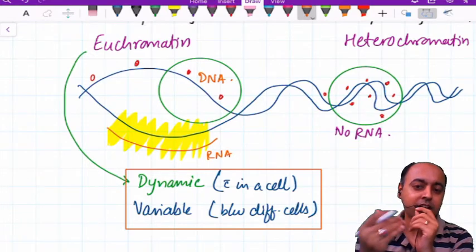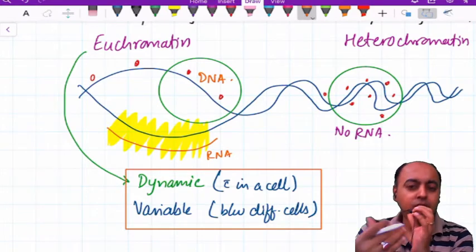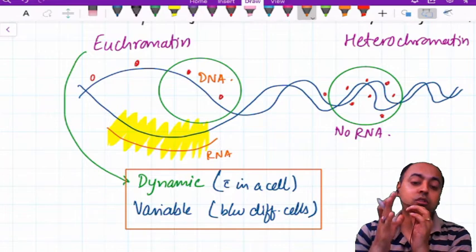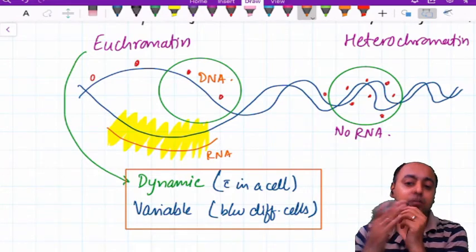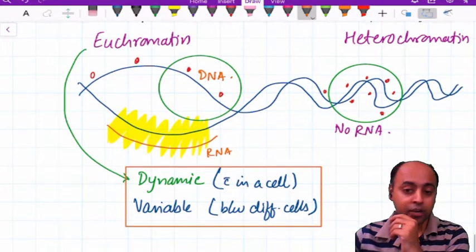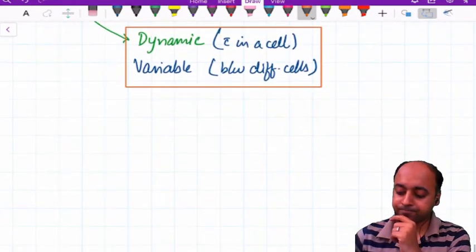So we have to take multiple pictures of all the types of cells to check which segments of DNA are euchromatin and which segments of DNA are heterochromatin, right?